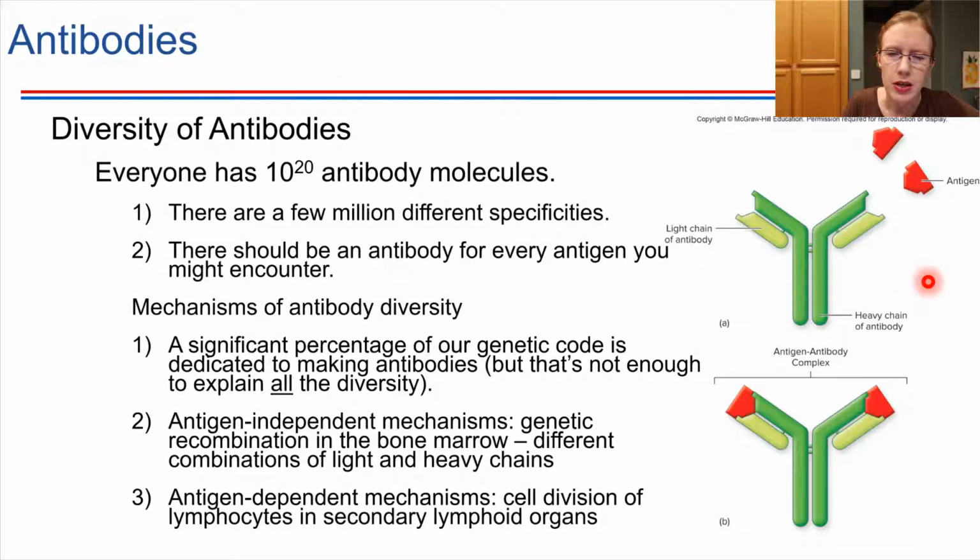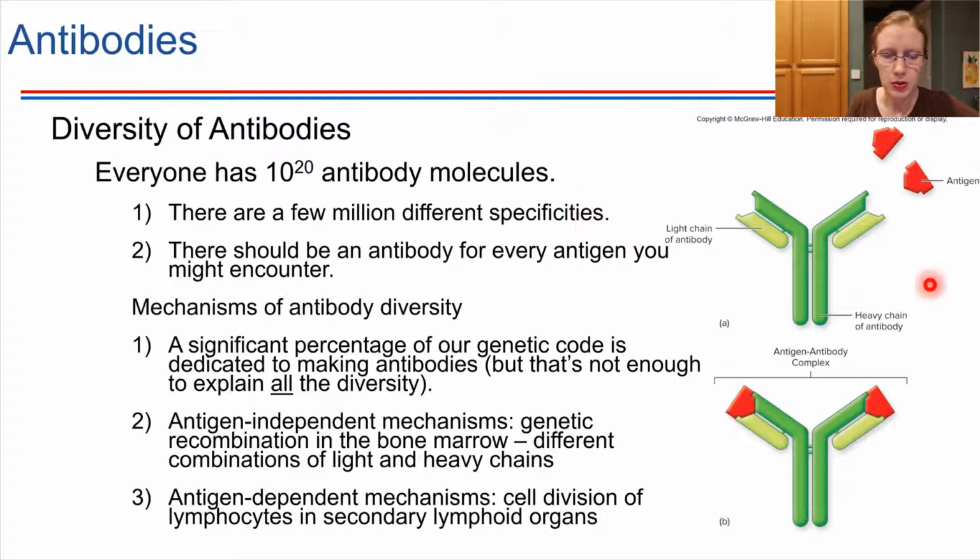There are a couple of other mechanisms as well that contribute to antibody diversity. Shuffling the proteins into different combinations would do this. But in any case, there are non-genetic reasons why we have a lot of diversity, and there are also genetic reasons. So a few different things come together in order to provide this huge variety.